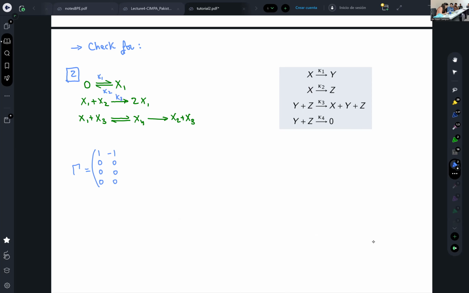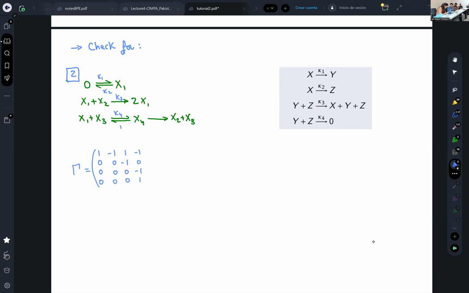Then this is the first one, the third one. Then I would also get 1 x1, but here I lose 1 x2. Then for the fourth one, I lose 1 x1, I lose 1 x3, and I gain 1 x4.